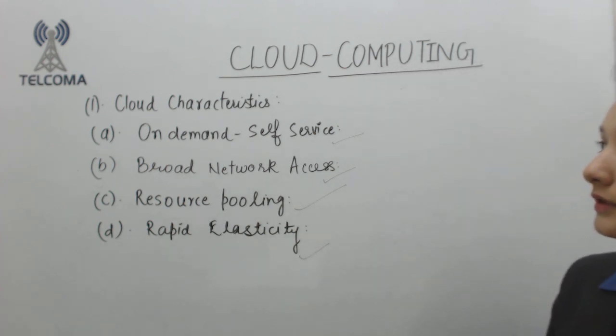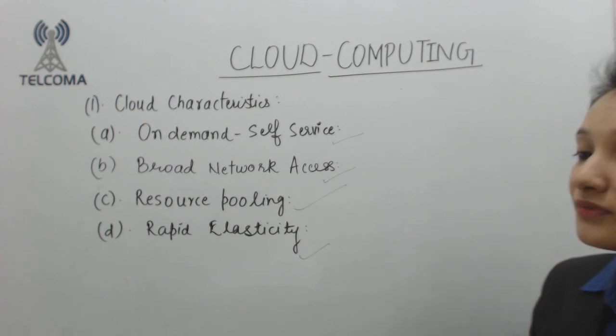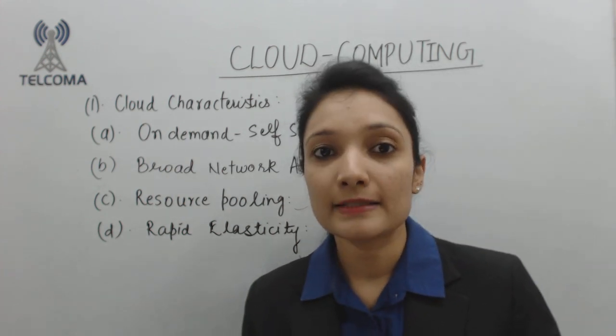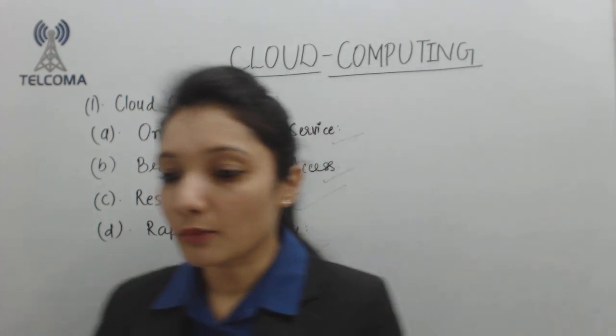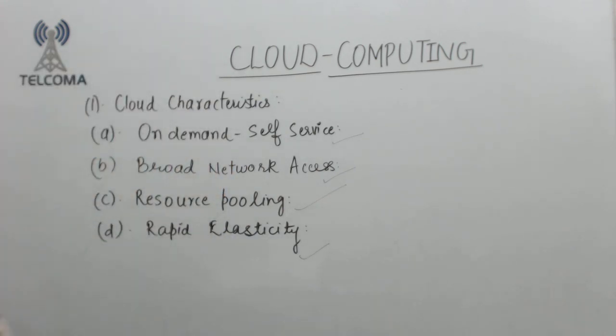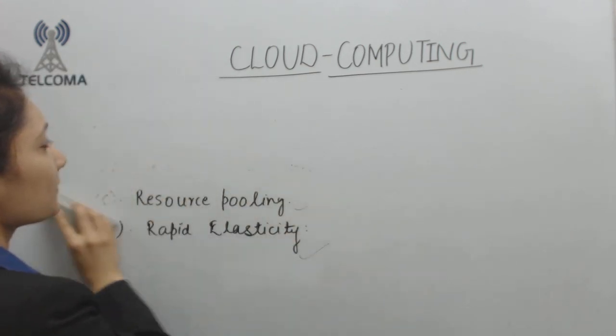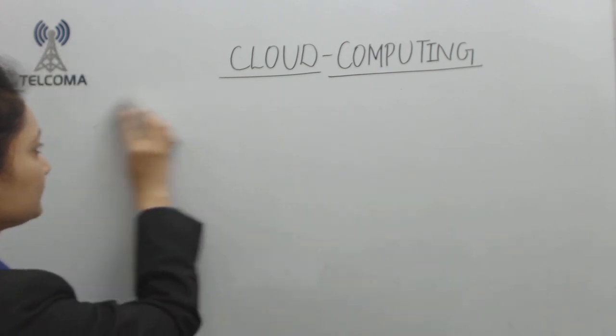Now, after the cloud characteristics, next we have the cloud components. That means the various components which make this a working platform. So the next topic is the cloud components.